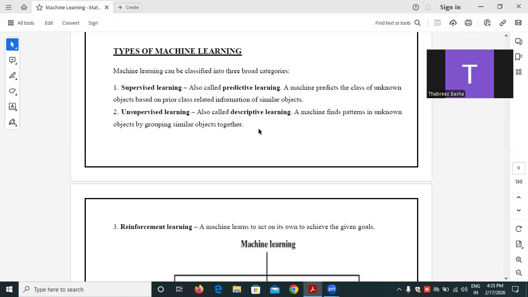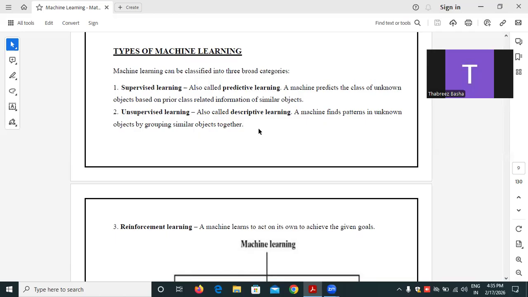Simply put, supervised learning means trained data or labeled data. Unsupervised learning means unlabeled data, untrained data. Reinforcement learning means multiple attempts on unknown data, then displaying the final result.